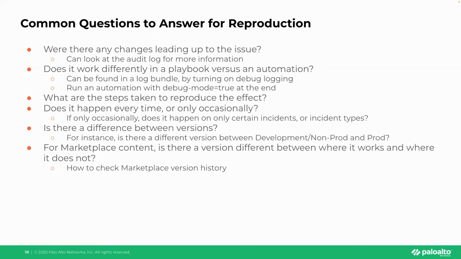Let's say we were talking about the error path, right? That was a new feature that was introduced in 6.8, I believe. And if that feature is in the playbook in dev and your prod is running on an older version, obviously that's going to cause issues. So always make sure that you are on a like-for-like version between dev and prod.